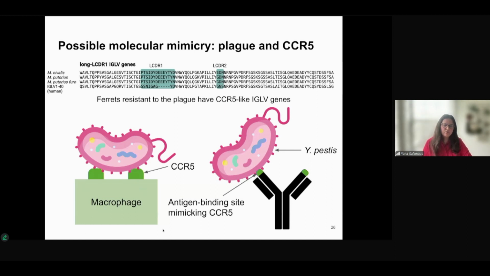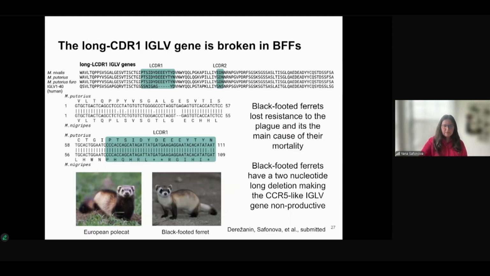CCR5 is present on the surface of macrophages, and there is indirect evidence that it also plays a role in infecting macrophages with Y. pestis, the pathogen of the plague. If there is an antibody that can mimic CCR5, then it can trick the pathogen into binding it rather than binding macrophages, and thus provide a rapid defense against the pathogen.